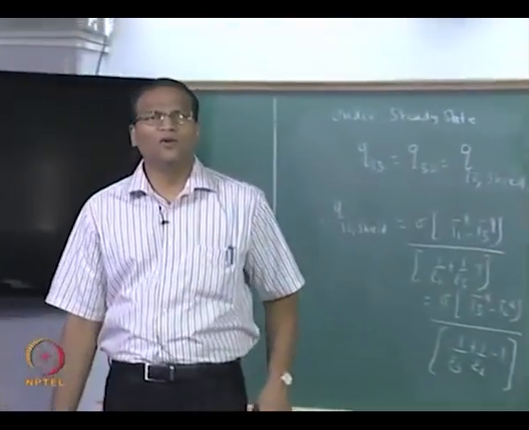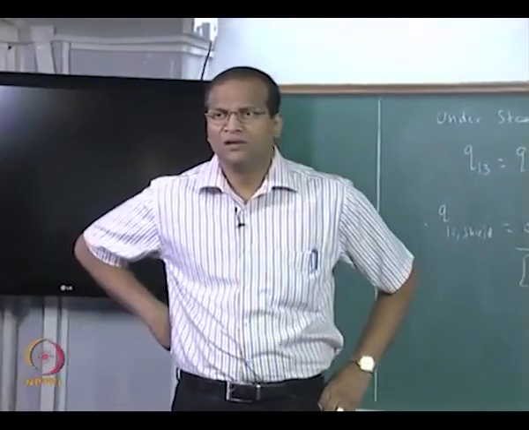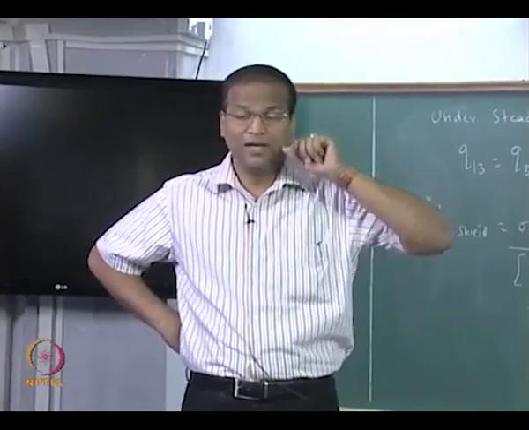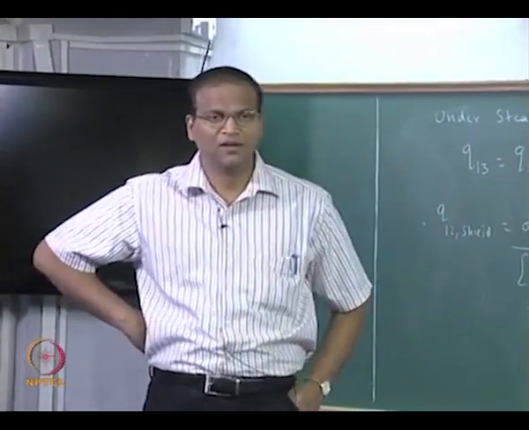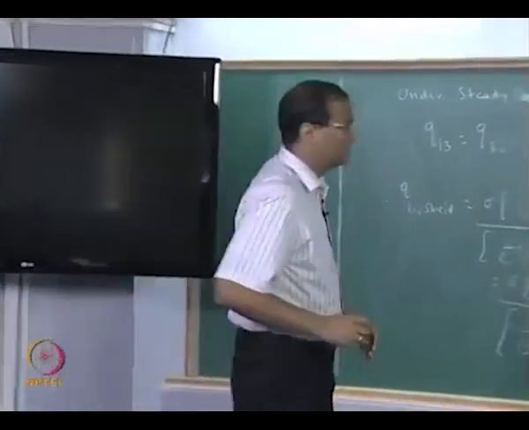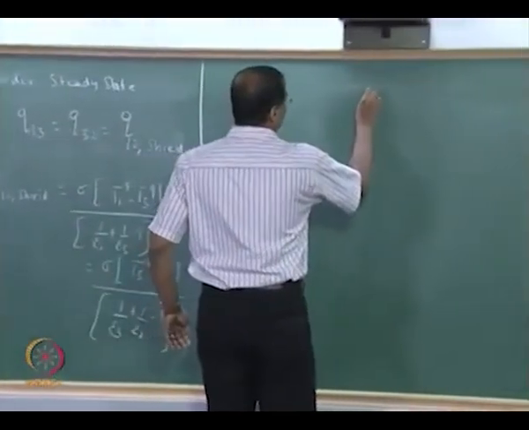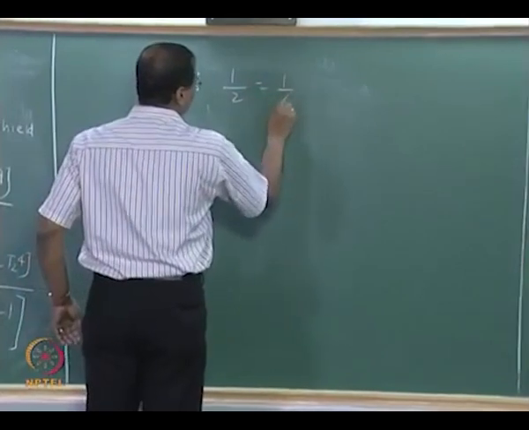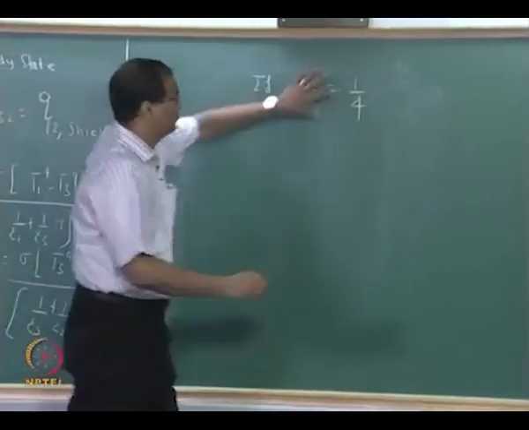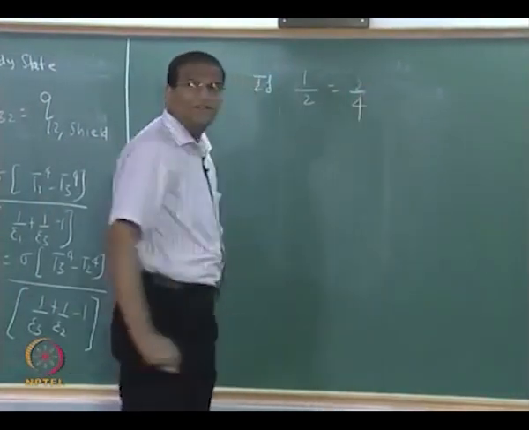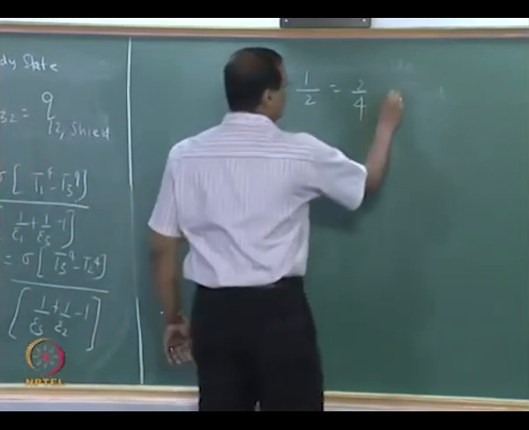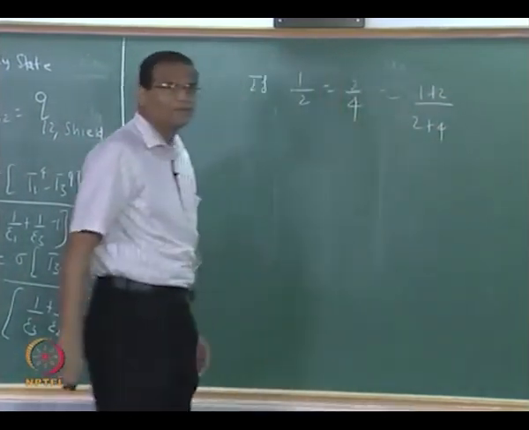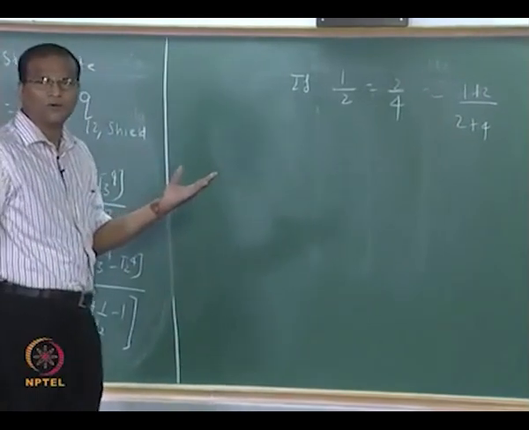Now you can do your mathematical manipulation and eliminate T3 and all that, but I have again a very cheeky way of doing it. So I will say if half is equal to 2/4, this is also equal to the dividend component rule.